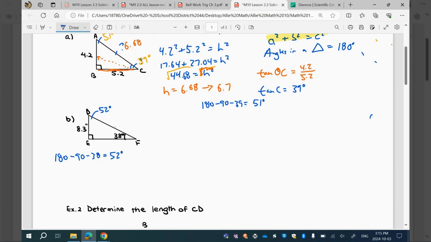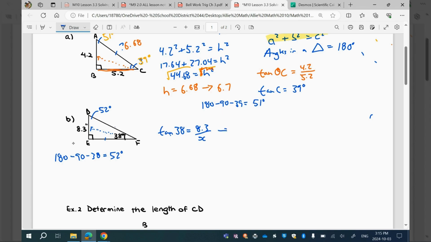And now say we have an angle, we have the opposite length, we need the adjacent side. So we can say tan 38 equals opposite 8.3 over we don't know. And I'll show you all the steps, but remember I've been telling you if you have tan across diagonal from our x, you can swap them. But I'll show you the steps.